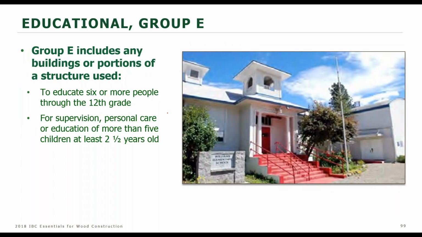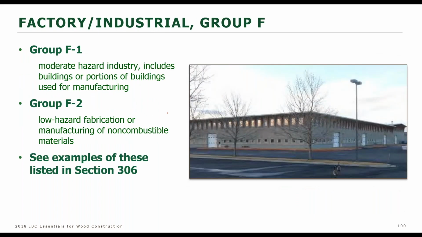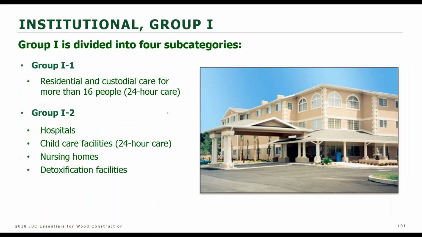Group E, educational. It also includes some daycare occupancies with restrictions on age and number of hours and so forth. F, factory, industrial. I, institutional. I has undergone some expansion and some redefinition over the years in recent editions of the IBC.